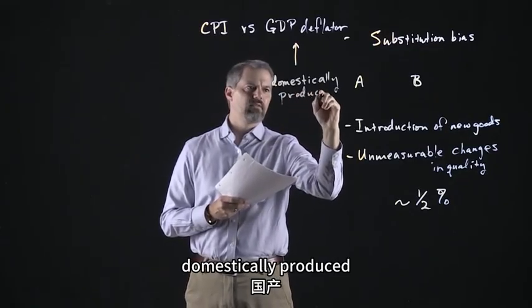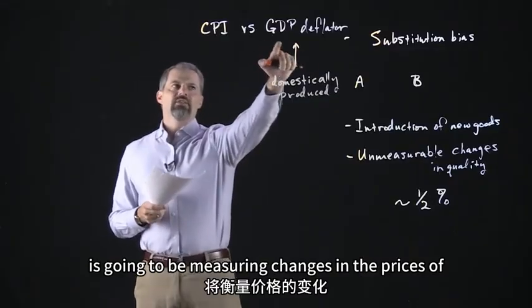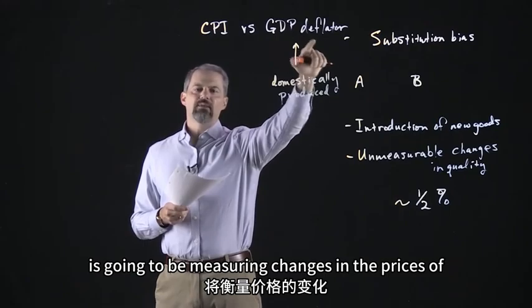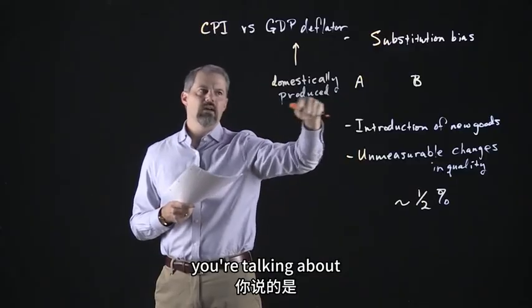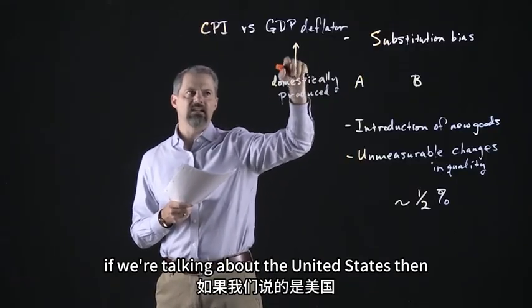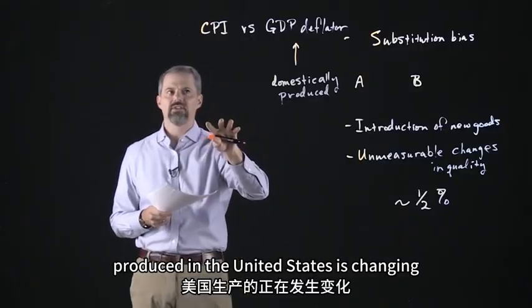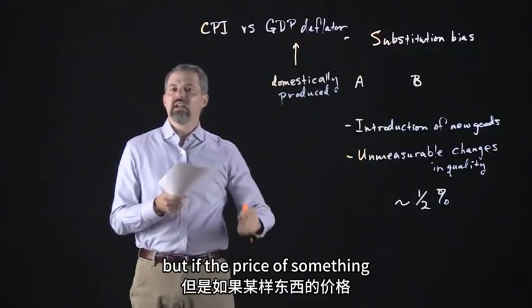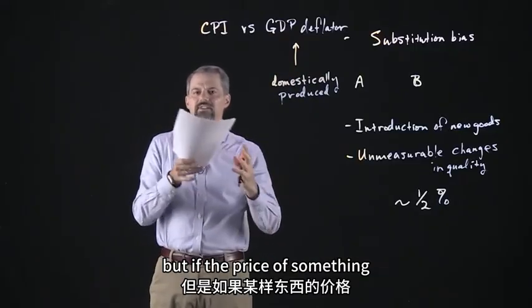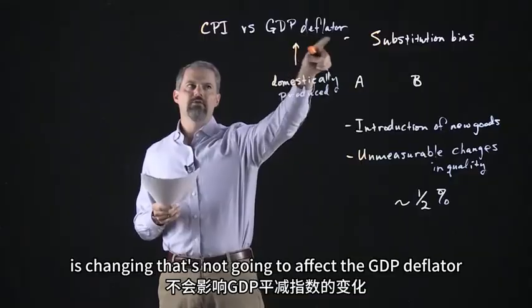So this one is going to be measuring changes in the prices of only the goods that are produced in whatever country you're talking about. If we're talking about the United States, then if the prices of goods produced in the United States are changing, that's going to be captured by the GDP deflator. But if the price of something that's produced in a different country is changing, that's not going to affect the GDP deflator.